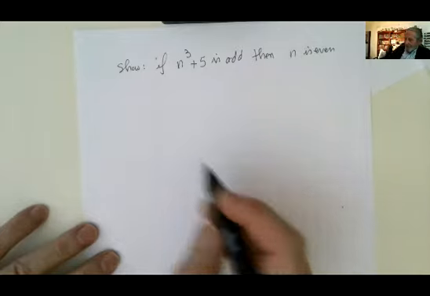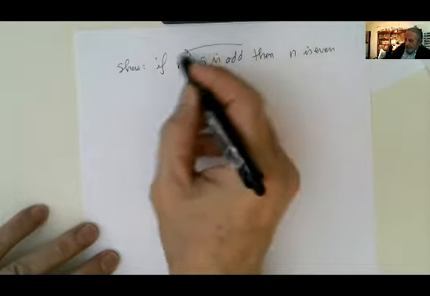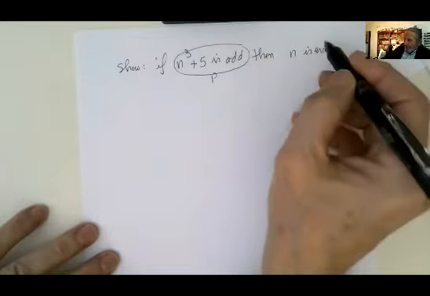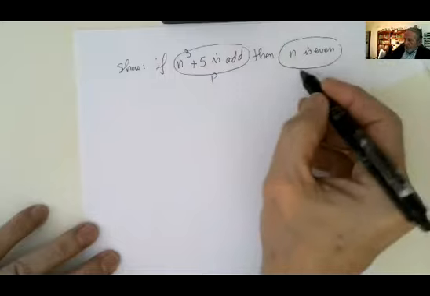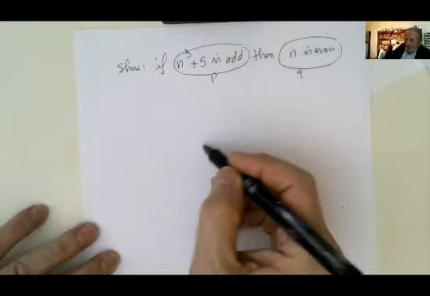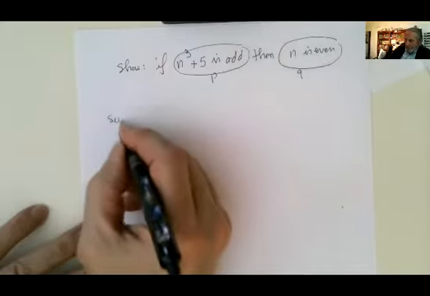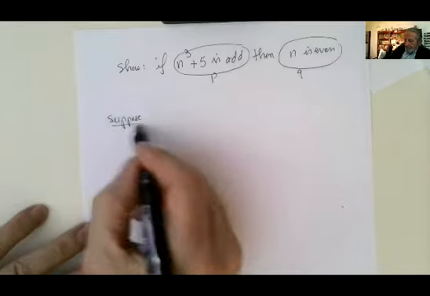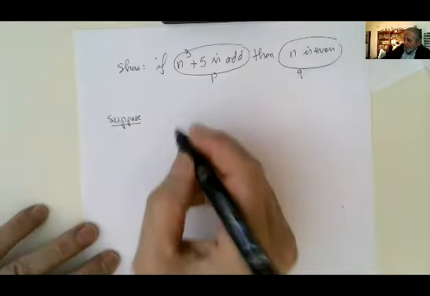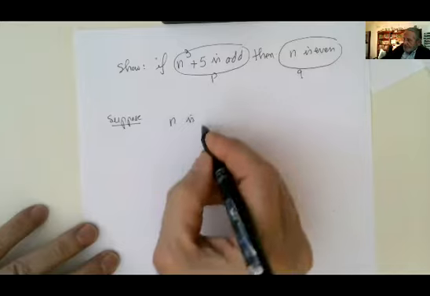Okay, so this is your P, and this is your Q. So suppose the negation of this, suppose n is odd.